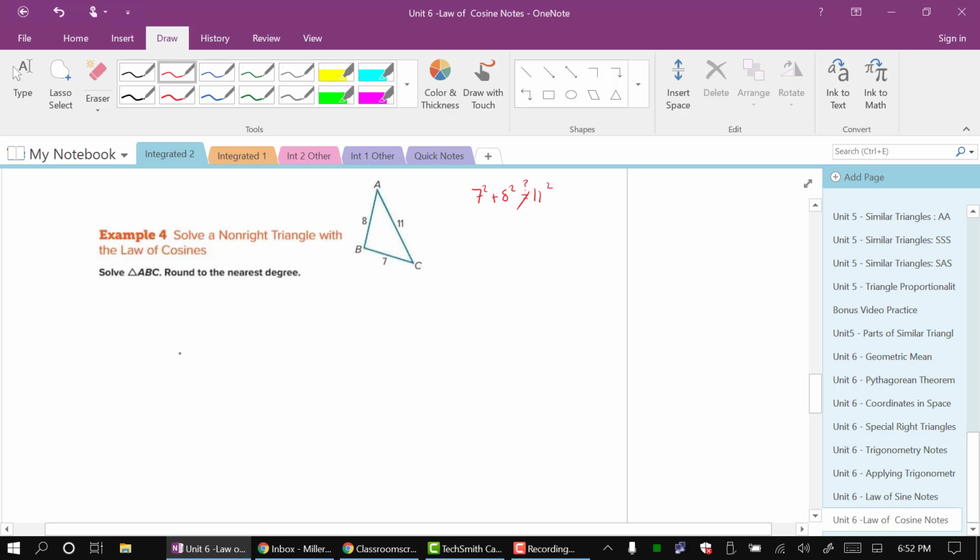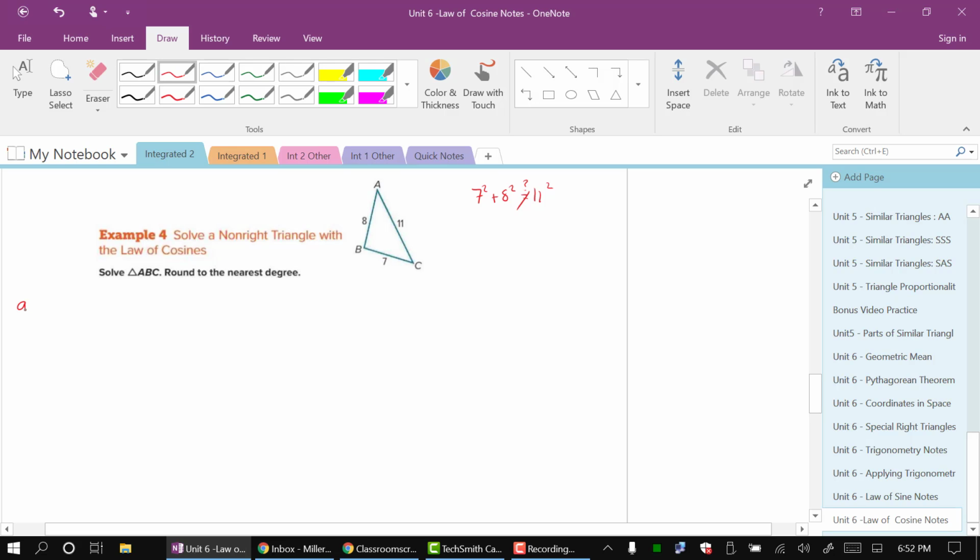Now we want to start figuring out what our different angles are. We're going to start off with angle A. So we're going to use 7 squared equals 8 squared plus 11 squared minus 2 times 8 times 11 cosine A. A lot of talking, but let's see what it looks like when we write it out.